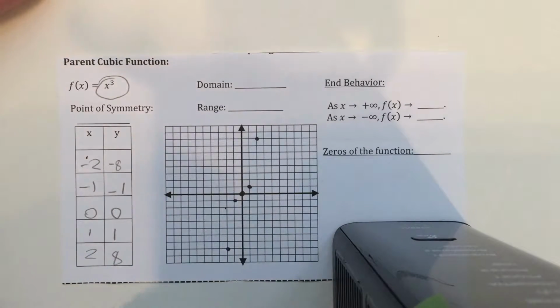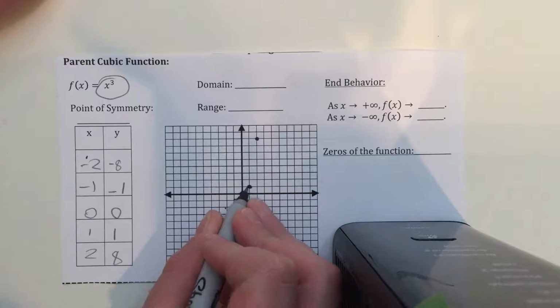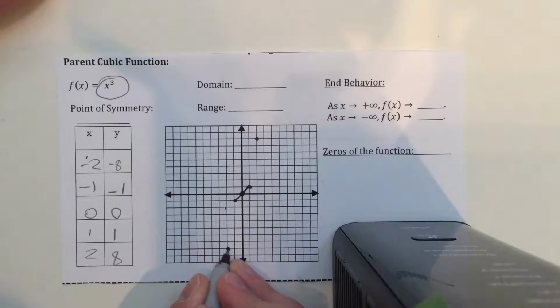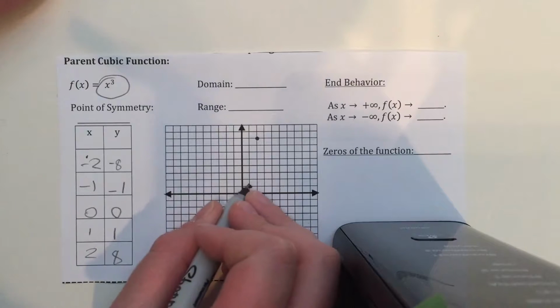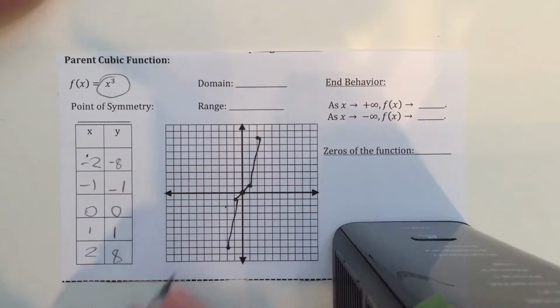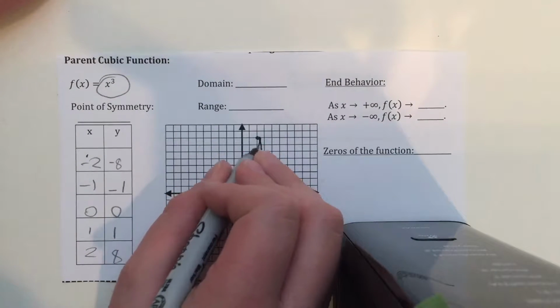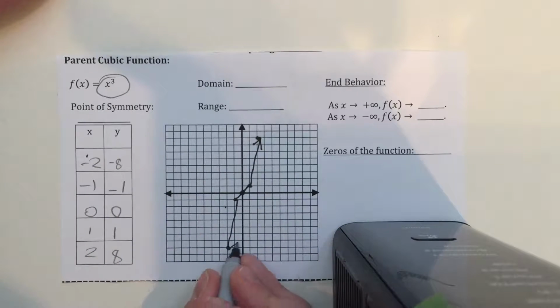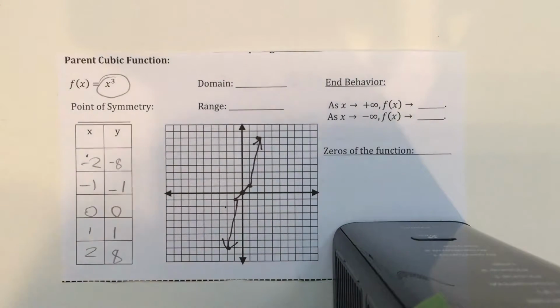Now all we have to do is connect the lines in between. So we'll start with connecting these two, and then we will go down, up, and go up. And since this goes on forever, we will put our arrows. There we go. We have graphed our first cubic function.